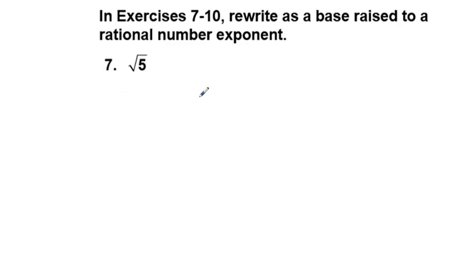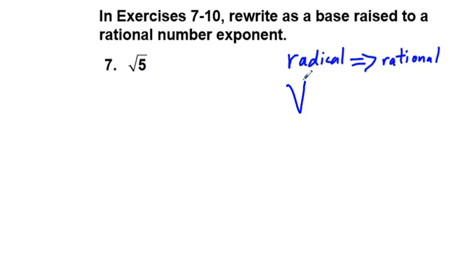Okay, next exercises 7 through 10, rewrite as a base raised to a rational number exponent. Well, one of the skills we're looking at here is changing from a radical form of exponent to a rational. The radical is this kind of thing here.